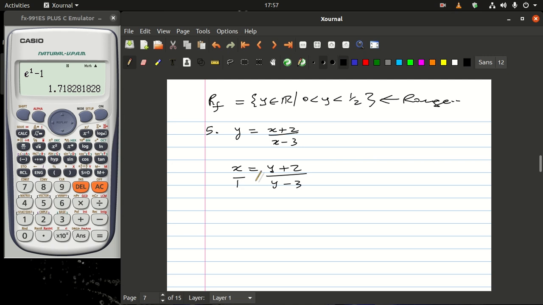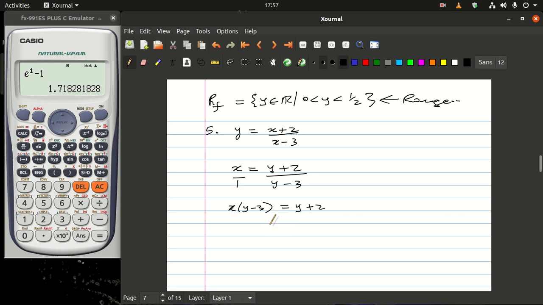And then here, because I want y to be the subject of the formula, I cross multiply. I am going to say that I'm having an x times y minus 3, and then this side I want to have y plus 2 times 1, which is the same thing.